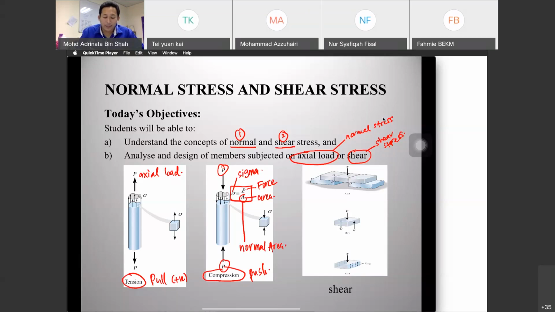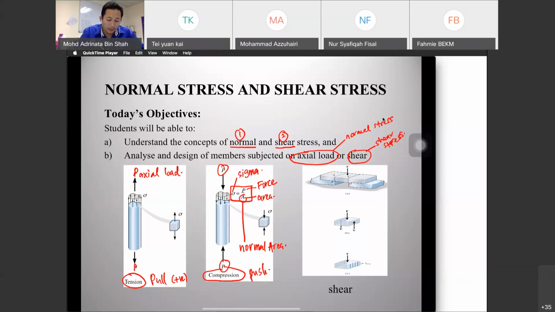Let's look at the first figure. If you have force P acting on your body, on your parts, on your components, the normal area is acting perpendicular.